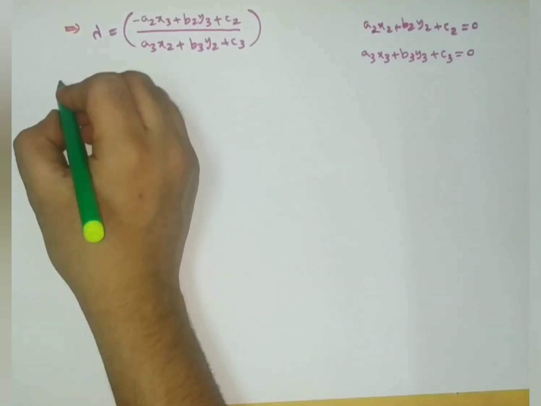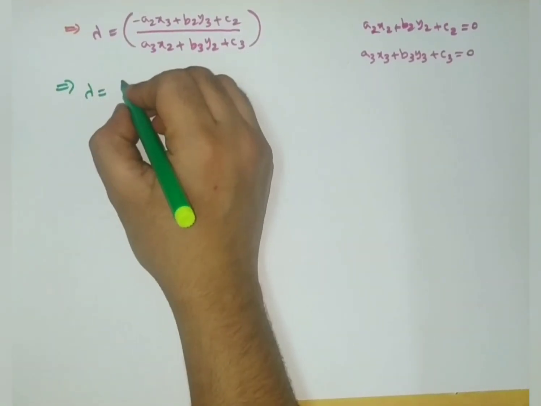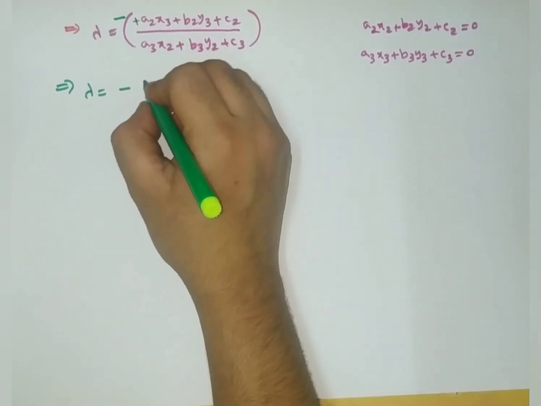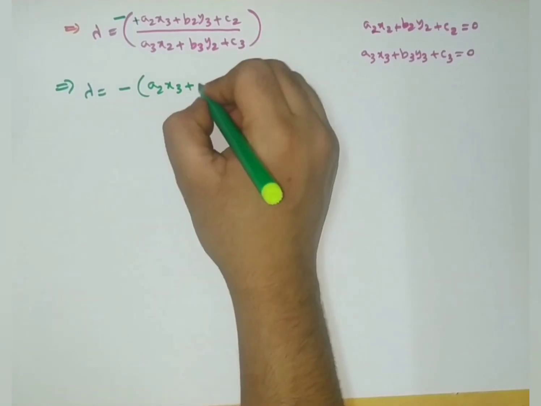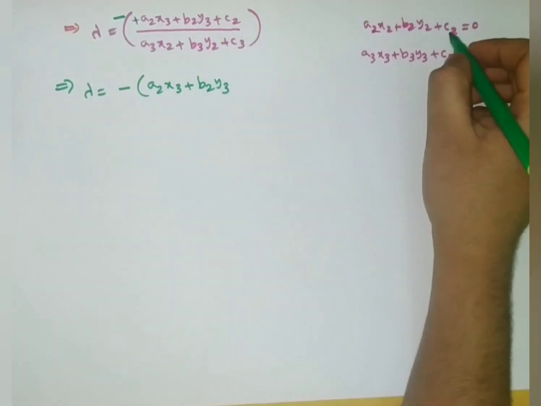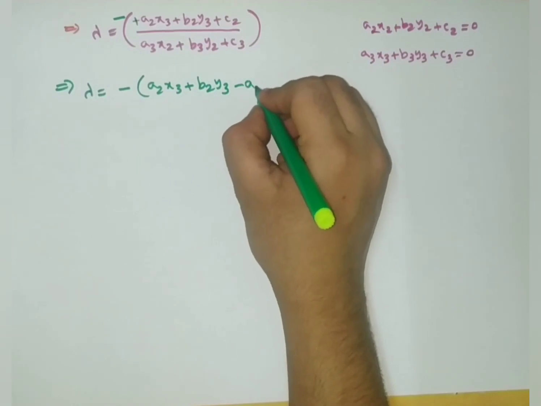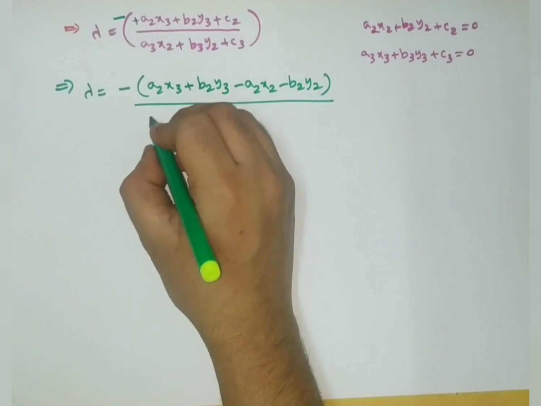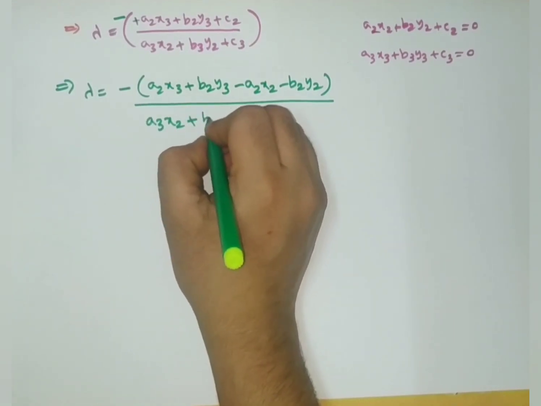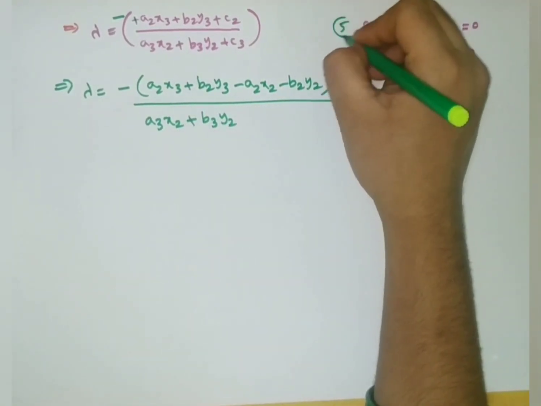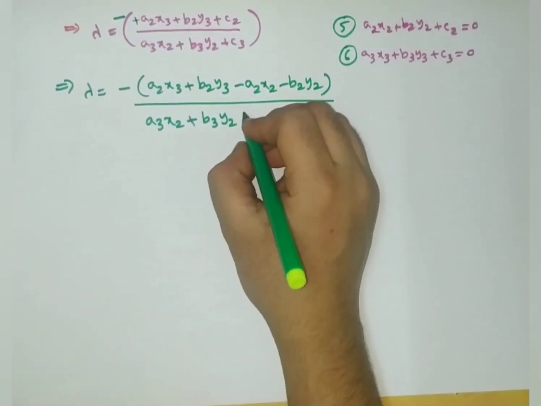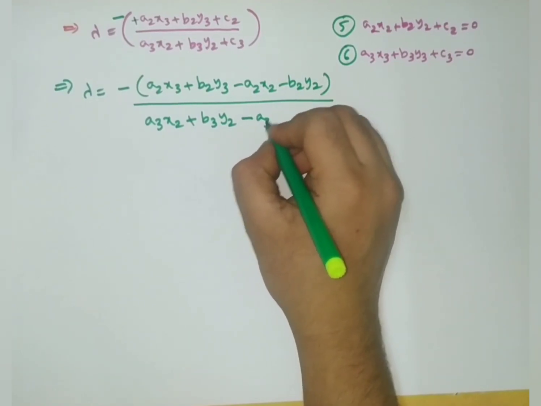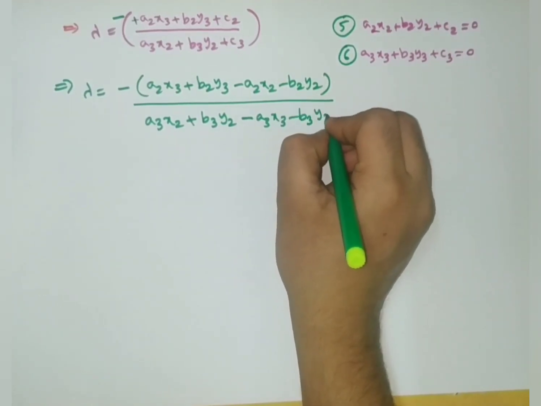Okay, from this lambda is equal to, here minus of a2 x3 plus b2 y3. c2 can be written as, from this, minus a2 x2 minus b2 y2. Similarly, in denominator also a3 x2 plus b3 y2. This is from equation 5 and this is from equation 6. c3 can be written as minus a3 x3 minus b3 y3.